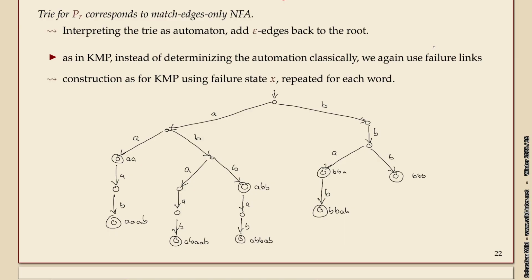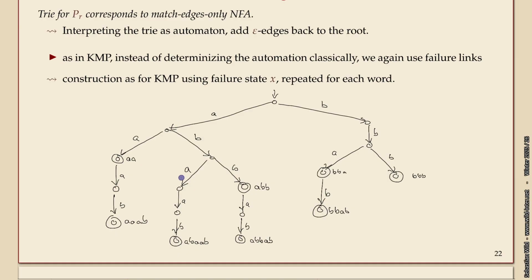So it turns out the very same approach as in KMP also works. If you pretend that you do one string after the other as in KMP, you can add the failure links in the same way. Only that I'm, of course, following all the other edges if I have to as well.